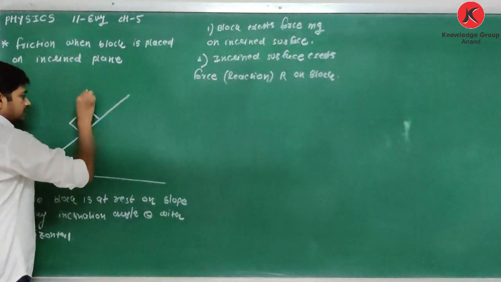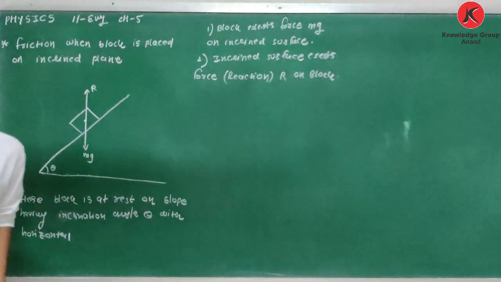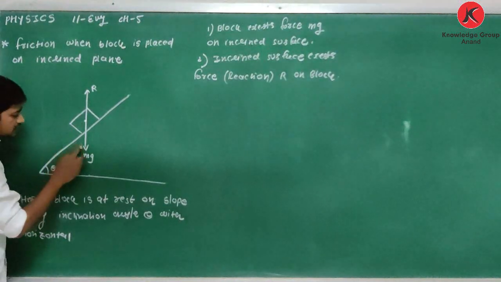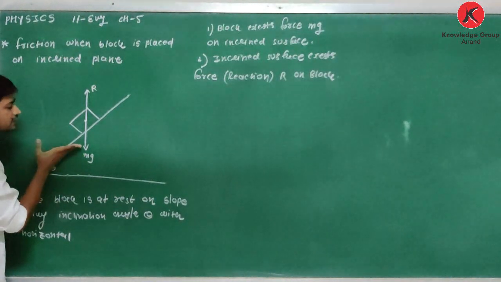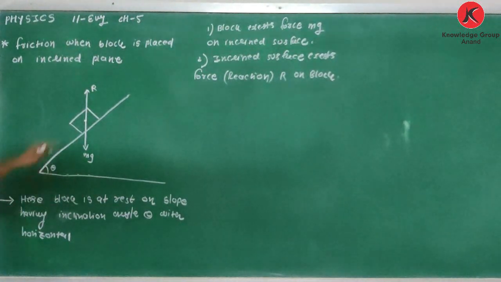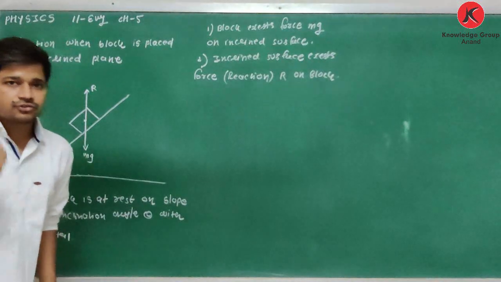So the block exerts mg on the inclined surface, and the inclined surface exerts reaction R on the block. They are in opposite directions.